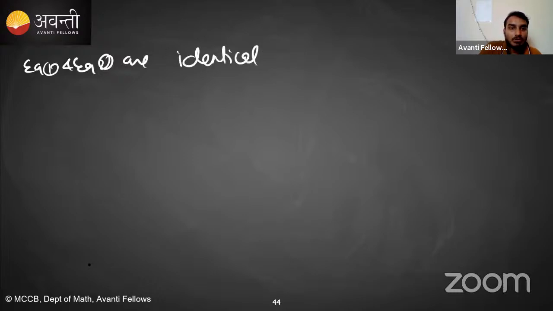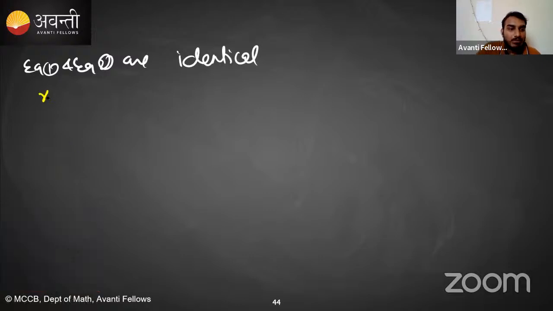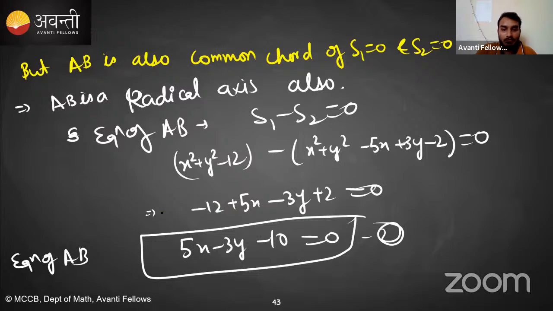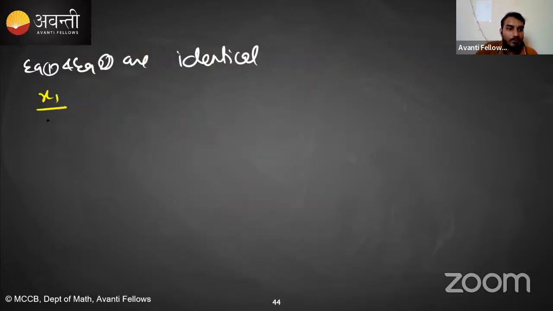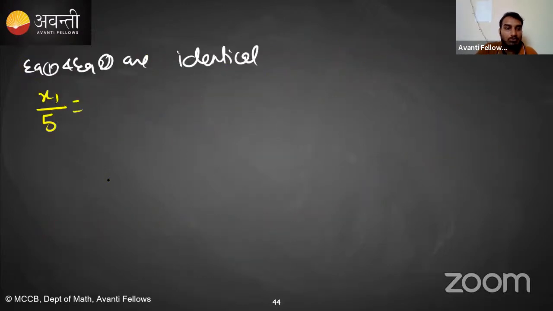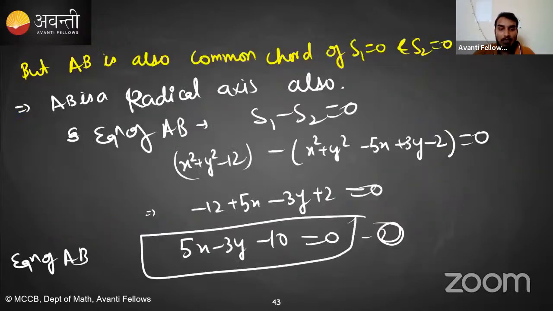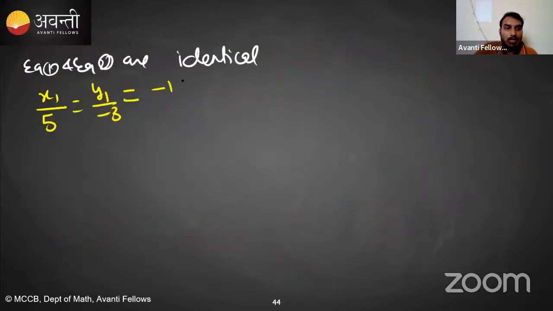So x1 upon 5, what is the ratio of the x here, is equal to the coefficient of y, y1 upon minus 3, is equal to the constant term, minus 12 upon minus 10.